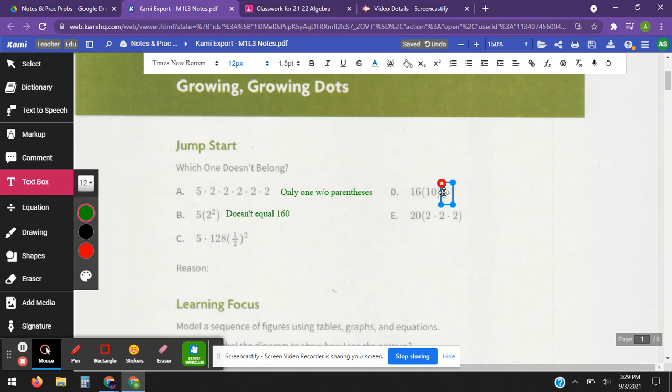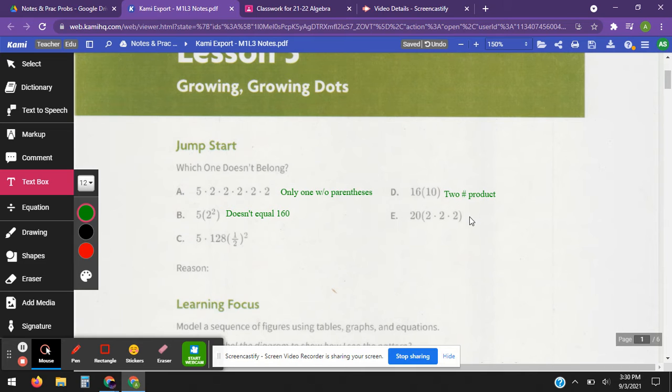This one, let's see. So one without parentheses. This is just a 2-number product. This one kind of has everything.